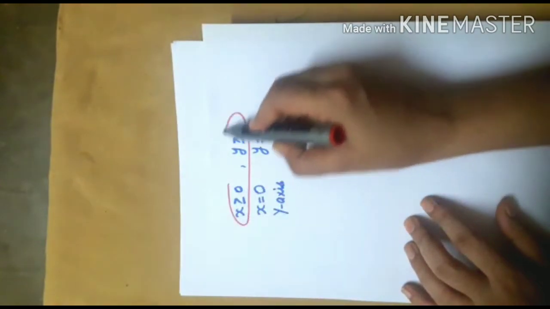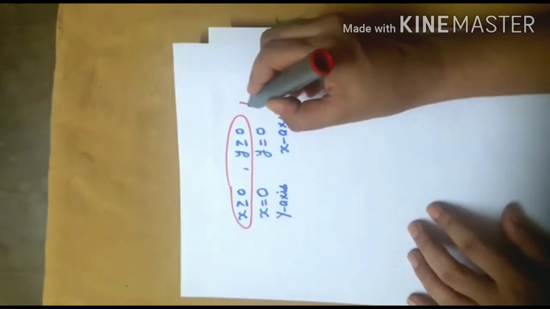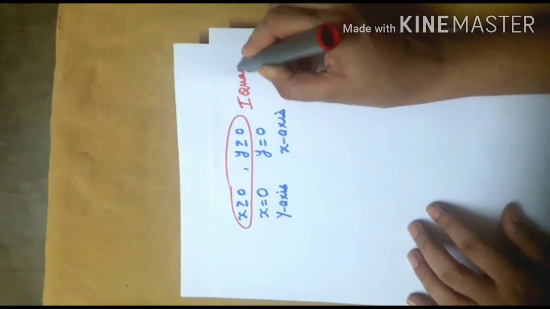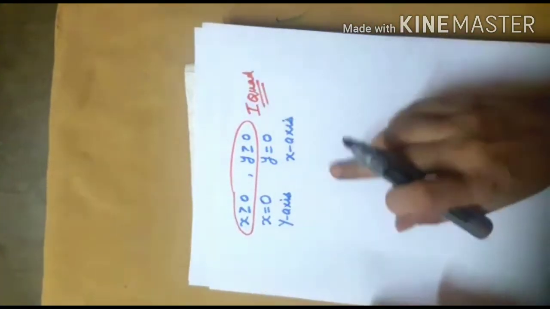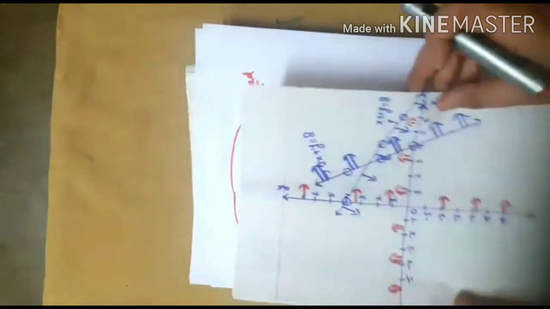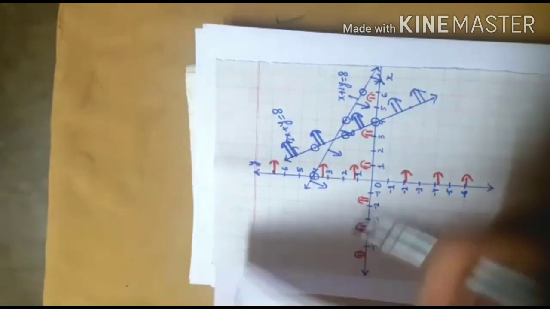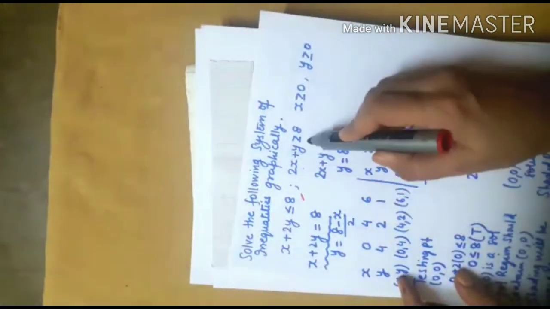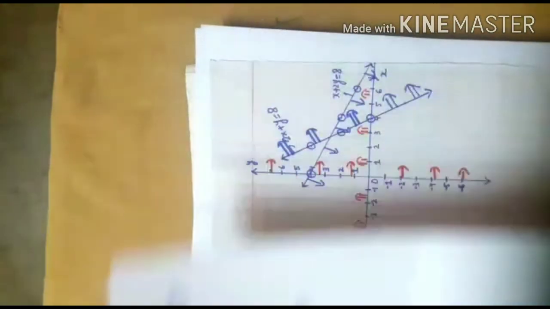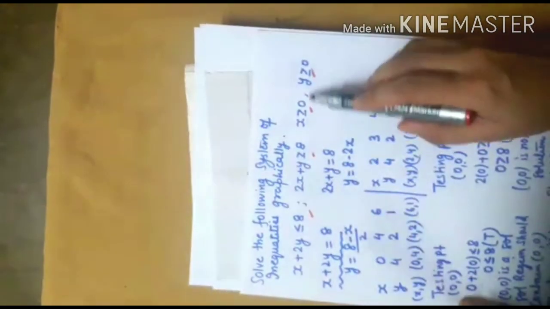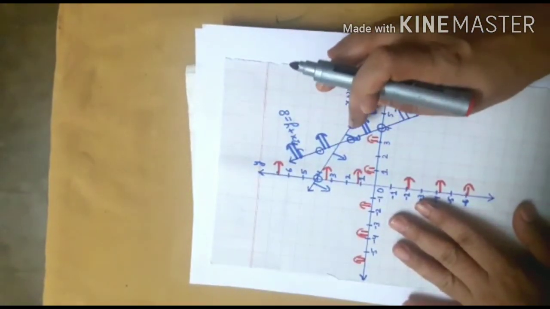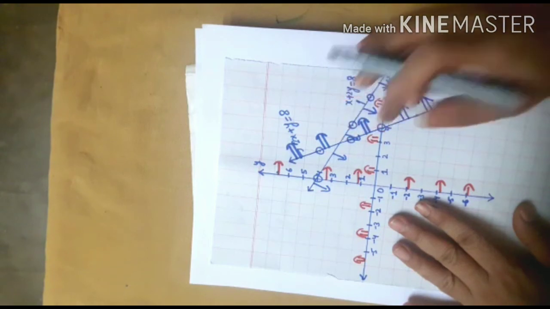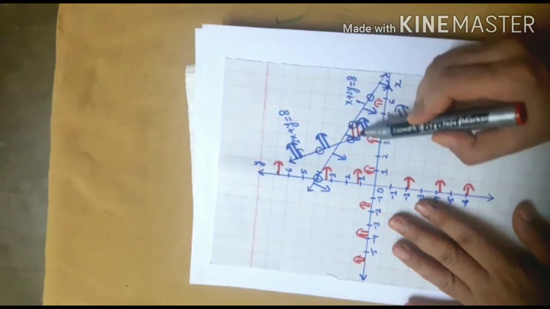Now, these two inequalities together imply that we have to remain in the first quadrant. Right? So now, the common solution region of these four inequalities will be, these two mean that we have to be in the first quadrant here, and the common solution of this and this is this part.